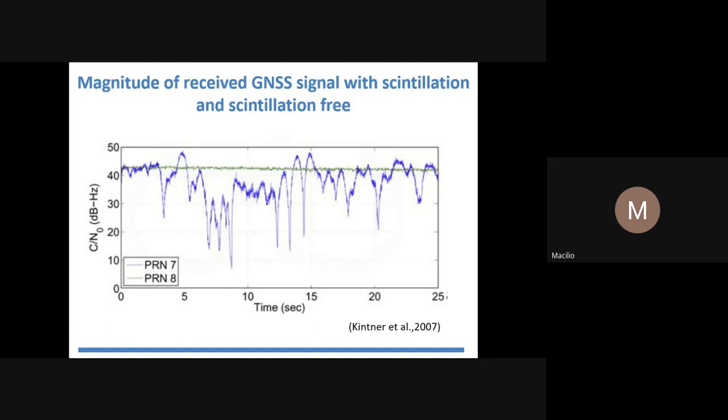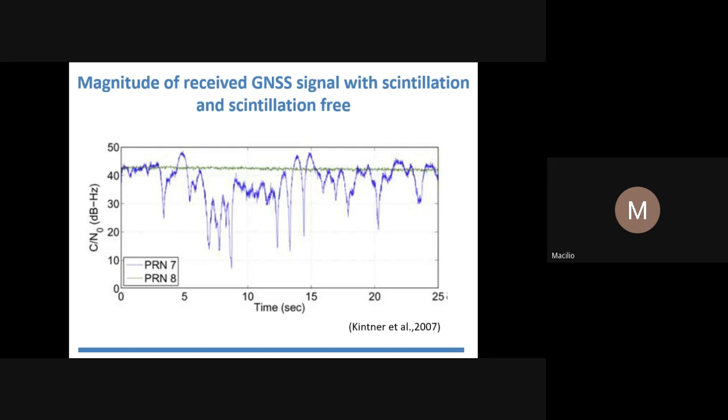In one signal from one satellite, there is no fluctuation in the magnitude. The other one has big oscillation in the magnitude. We can see we have oscillation of about 30 dB, for example.